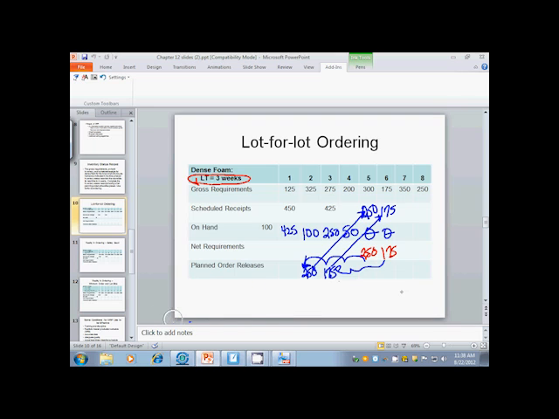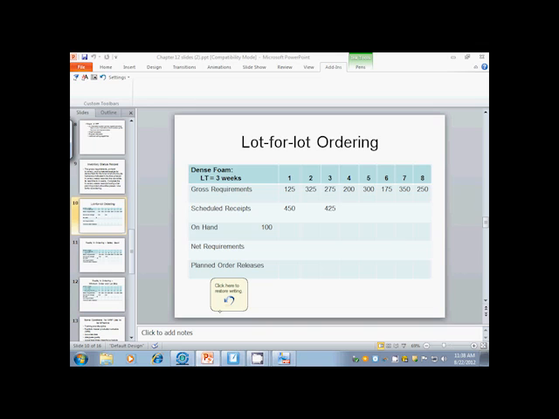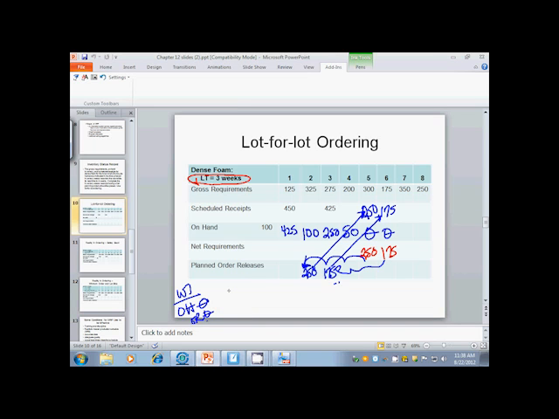Moving on to week 7. I have on hand 0. I have scheduled receipts of 0 at this time. That gives me a total of 0 to use.